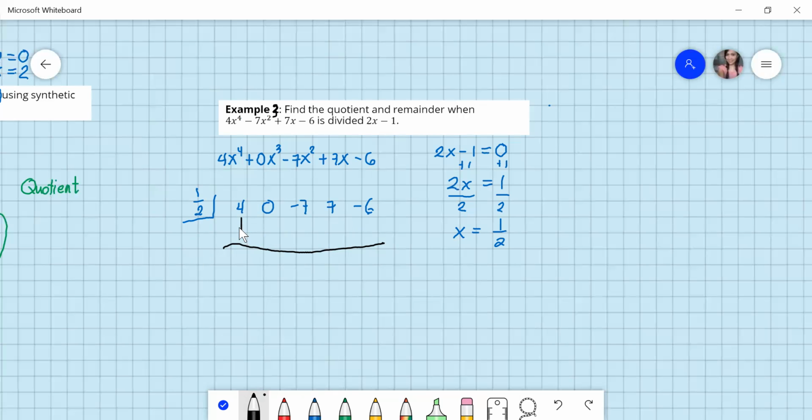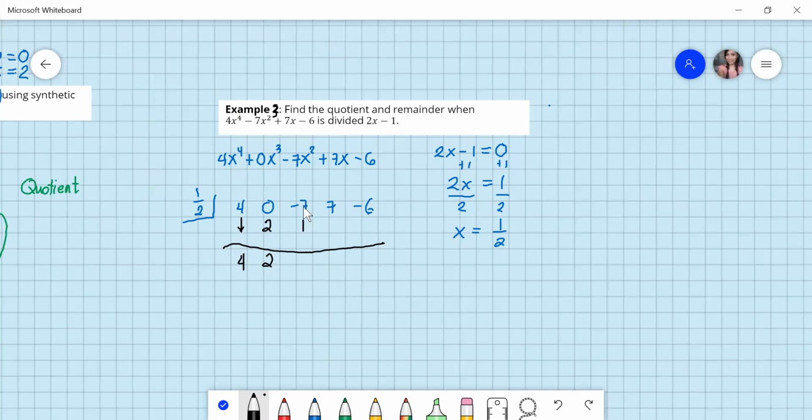Again, bring down the leading coefficient, which is 4, and then multiply it by our c. 1/2 times 4 would be 2. Review your operations. And then let's add: 0 plus 2 is 2. And then multiply 1/2 times 2, that would be 1.